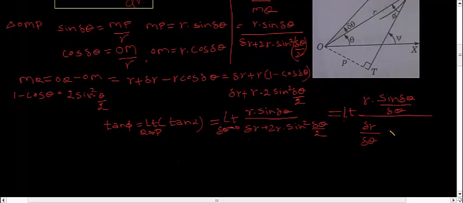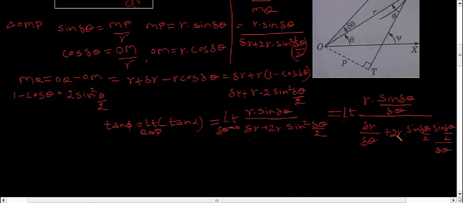We are dividing both numerator and denominator by delta theta, plus 2r into sine delta theta by 2 into sine delta theta by 2 whole thing divided by delta theta.